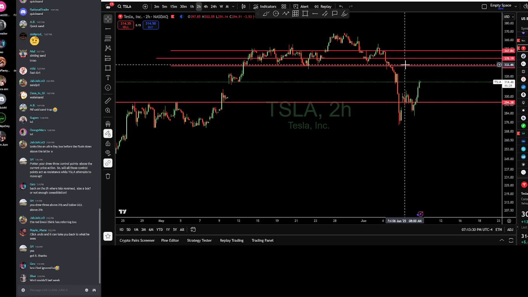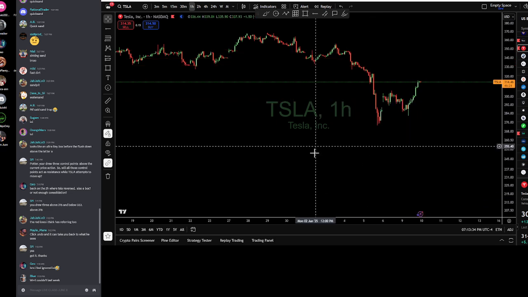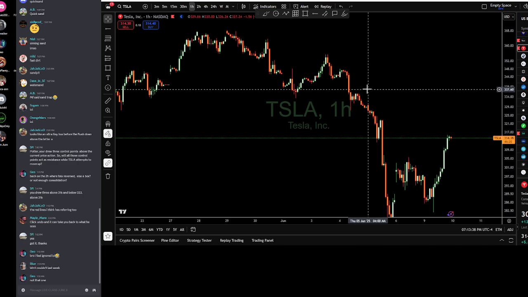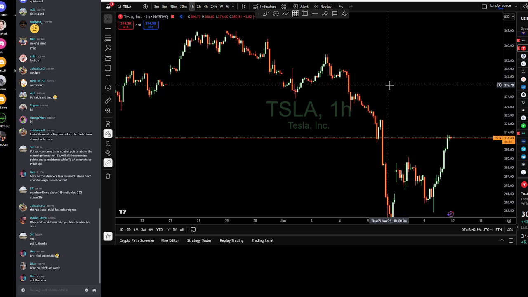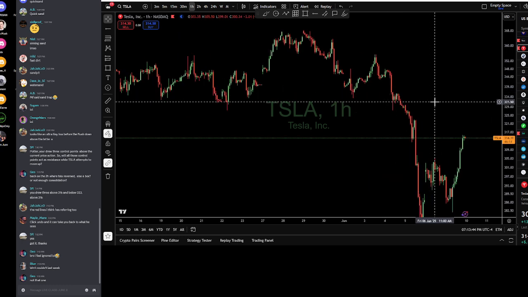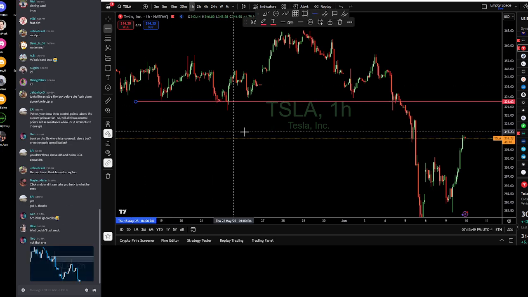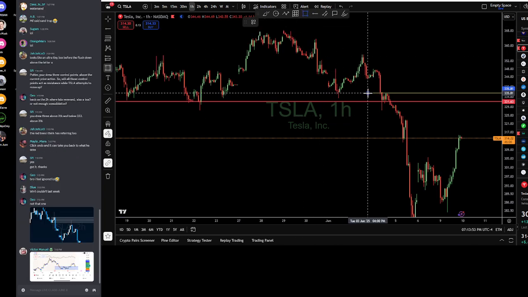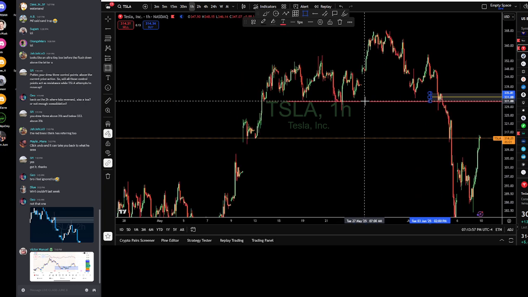I'm sure somewhere, and this is why I always do top-down analysis, somewhere in here there is a box. Now, here's the cool thing: as you move down, it starts to give itself away in terms of what will happen. Here's an hourly box that you created on the floor that we need to go and hit.